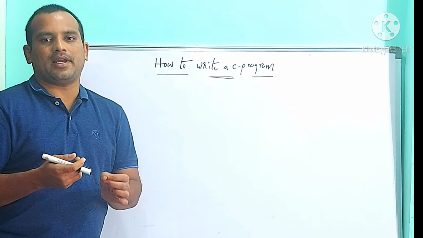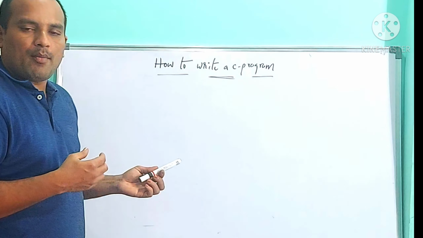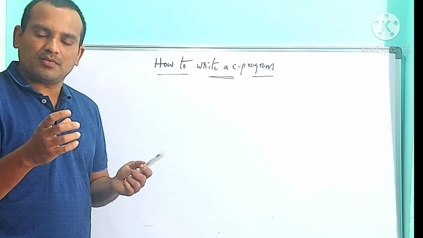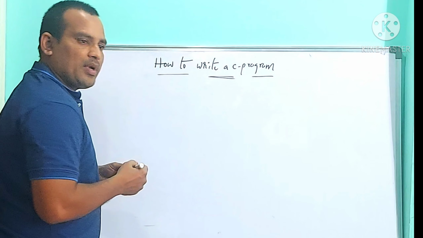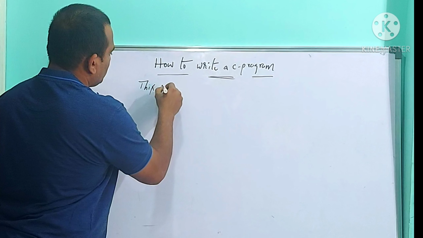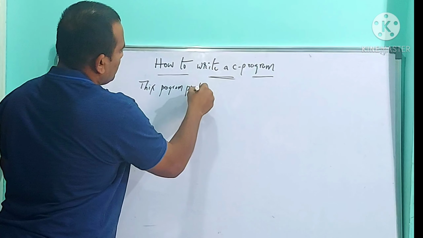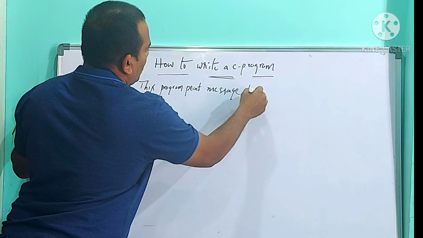followed by star slash. For example, in this program I am going to print a message, simply hello world. So what can I write in the document section? This program prints message hello world.